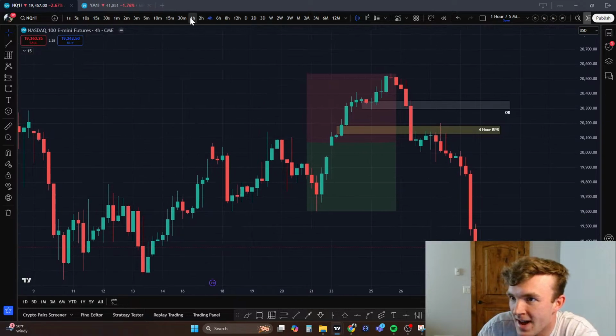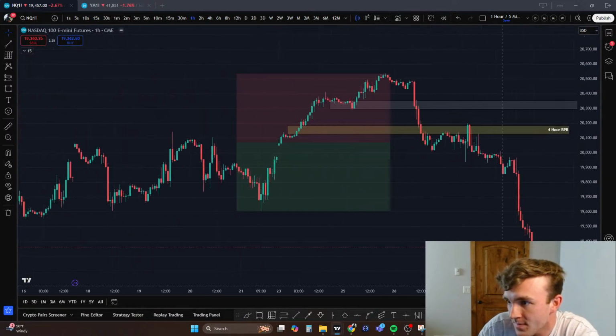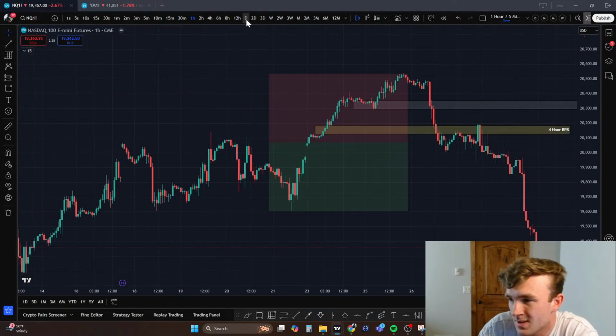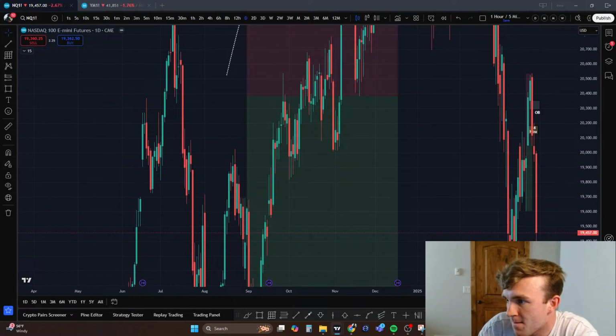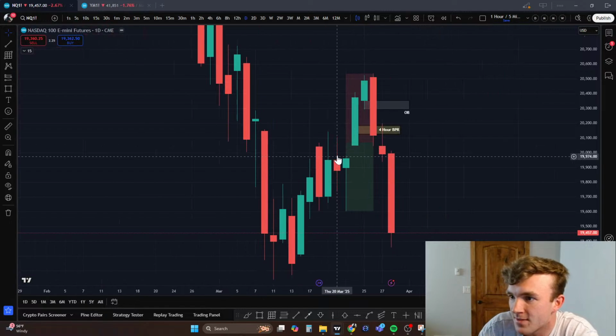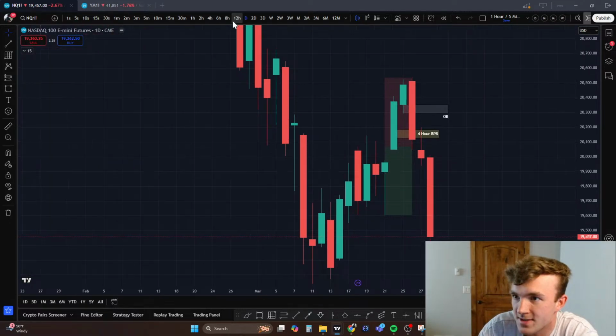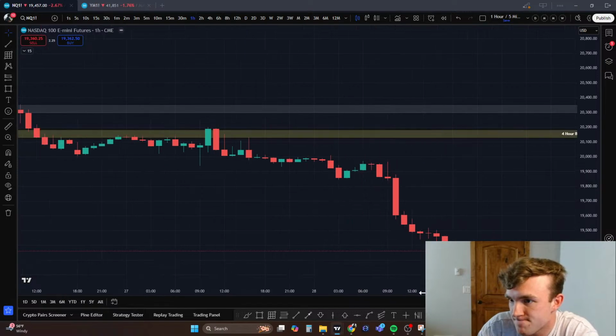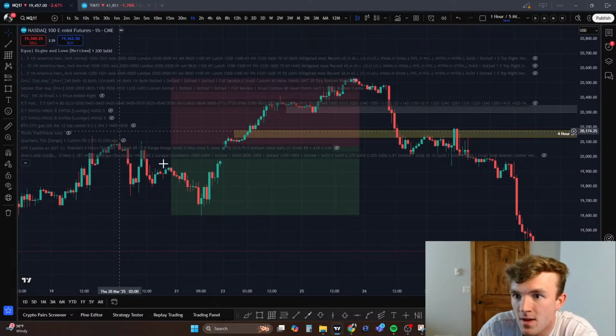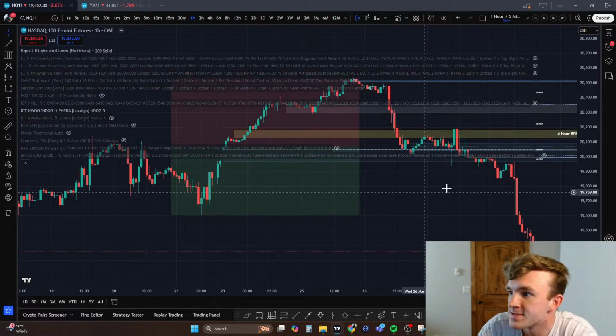Okay, so down to the hourly here. I really don't know what daily key level you would even use with this hourly here. Let's check out new day opening gaps here.